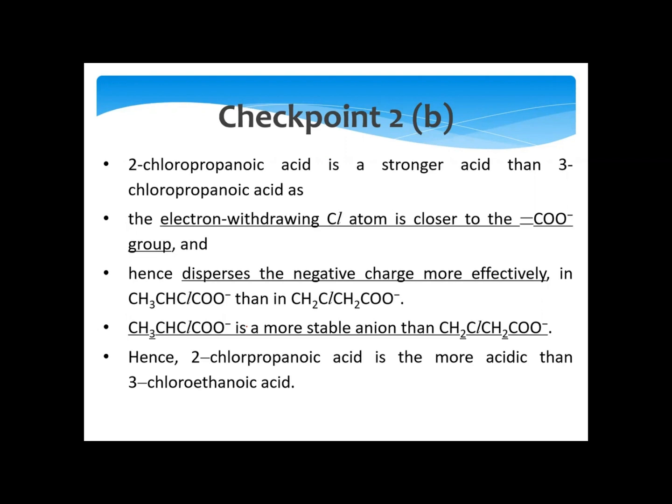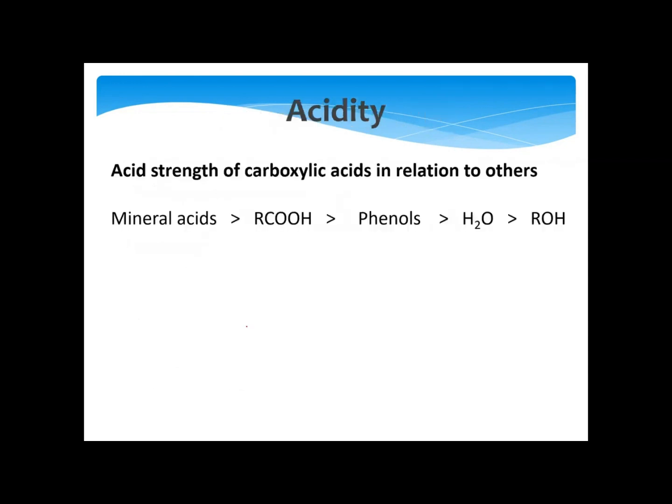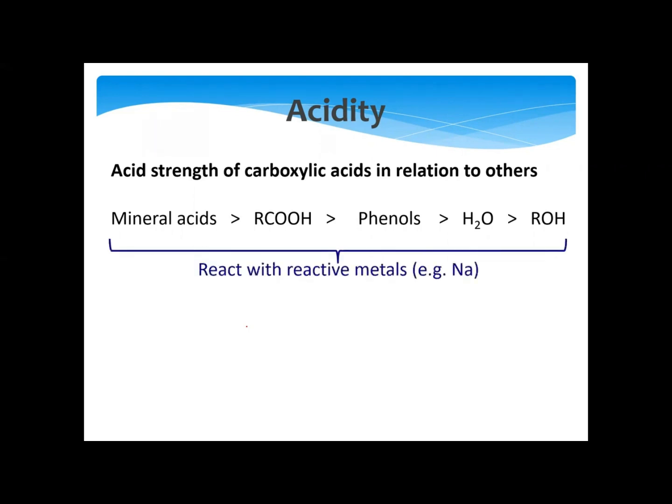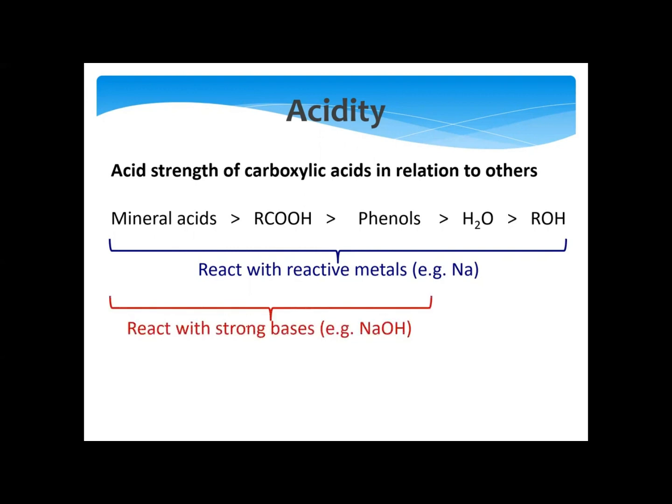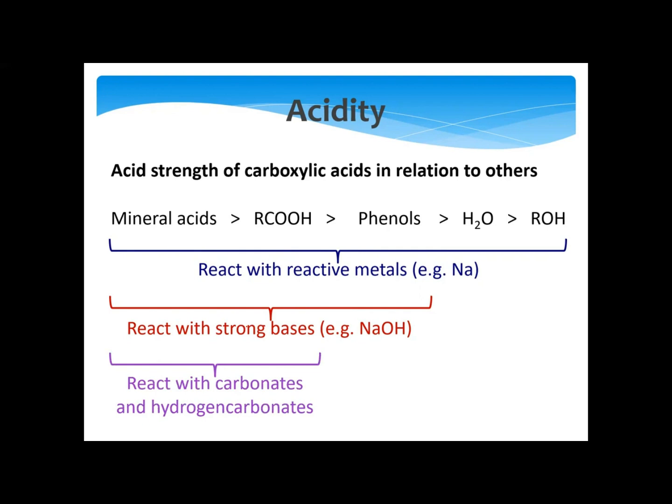All right. So to summarize the acid strength of carboxylic acid in relation to others, definitely mineral acids like HCl are stronger than your carboxylic acid, but carboxylic acid is considered stronger than phenols and alcohols. All of them will react with reactive metals. Mineral acid, carboxylic acid, and phenol will react with NaOH.